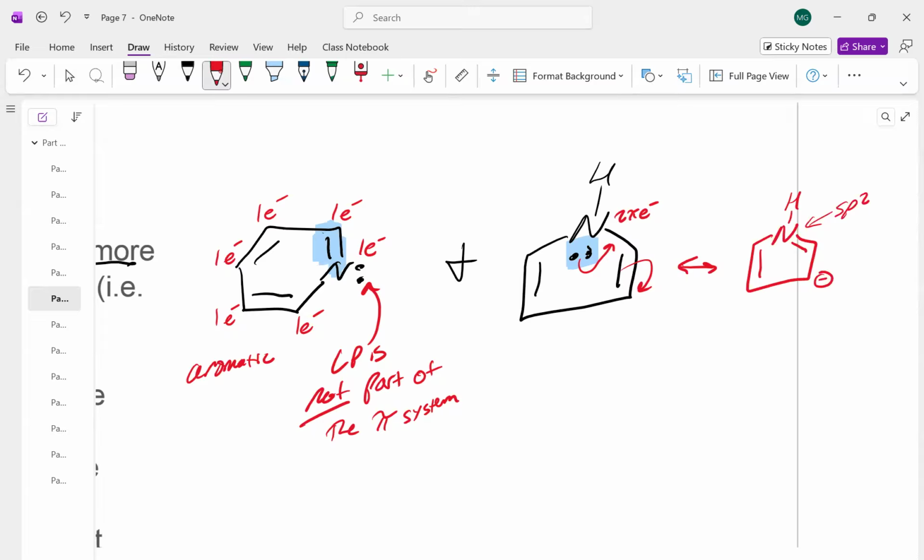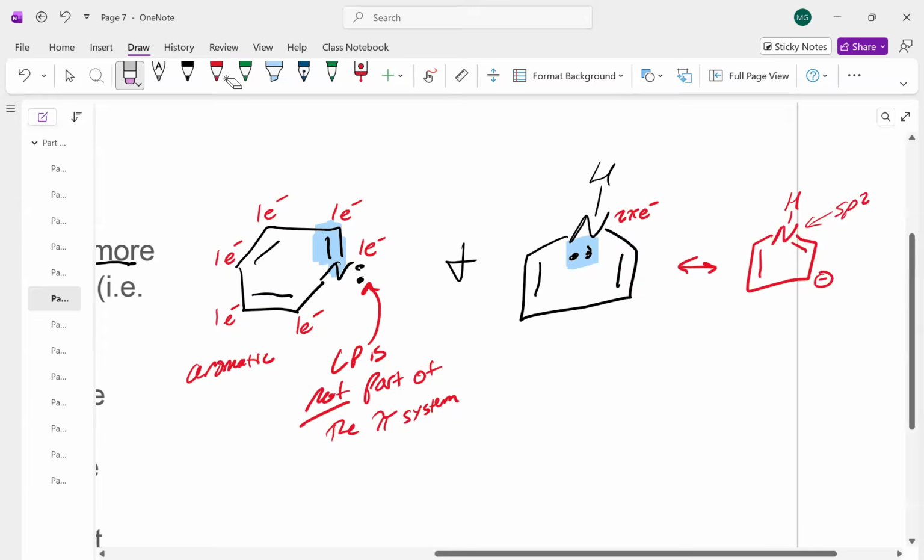So this still fulfills all those rules. It has a closed loop of p orbitals, and all the atoms are sp2 hybridized. And if that nitrogen contributes its lone pair, notice how the resonance shows how it does that. I'll redraw this again. Notice that lone pair is going into the ring.